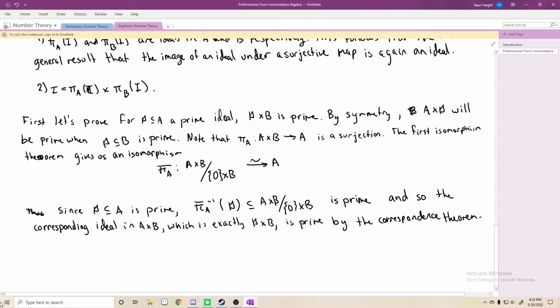I want to talk about the other direction, maybe slightly more interesting. Now we show every prime ideal has that form. Okay. So I'm going to go ahead and let I subset of the product be prime.